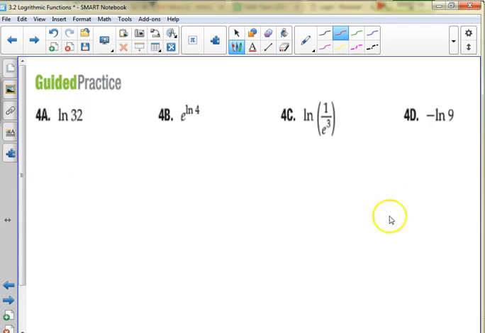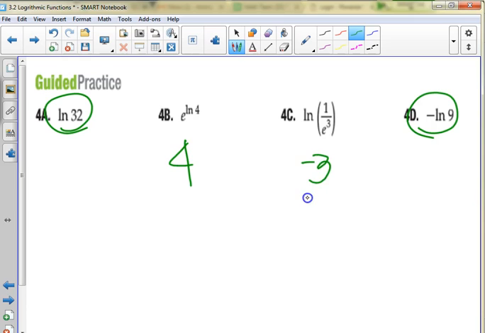Which of these require a calculator? This one would take a calculator, right? And this one would take a calculator. This would be 4. Anybody know what this would be? Negative 3.